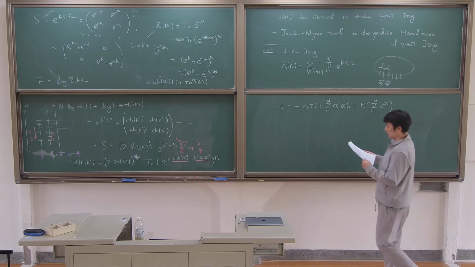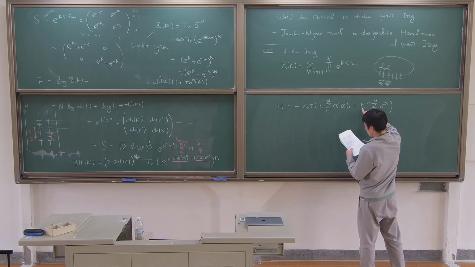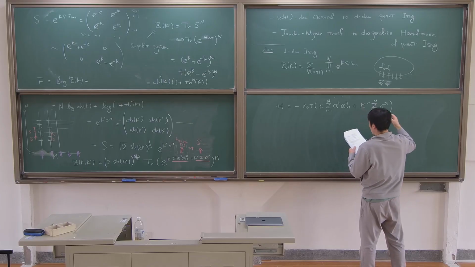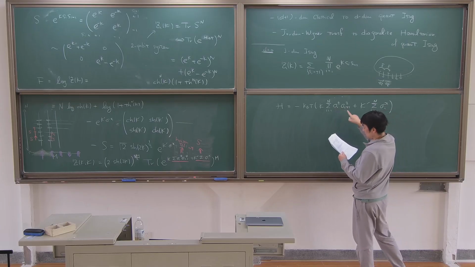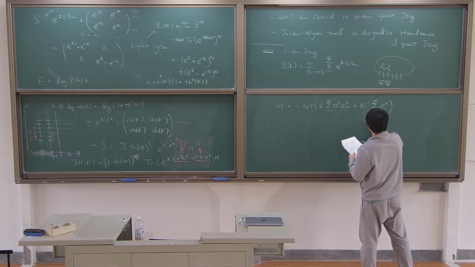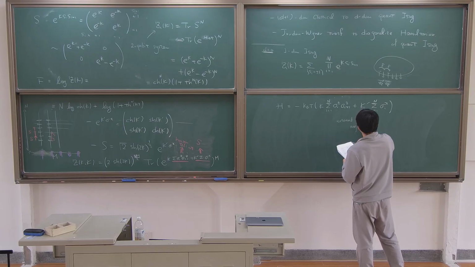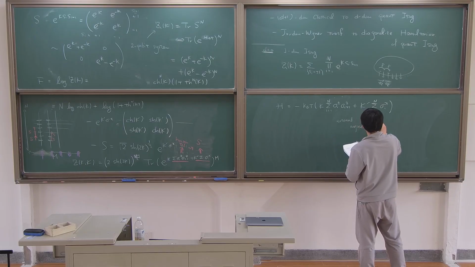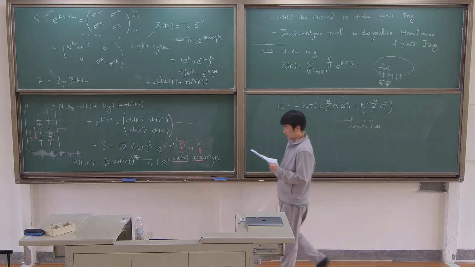This can be understood as a quantum spin chain, with this term being the external magnetic field in the x-axis. It is a quantum spin chain because it has Pauli matrices on adjacent sites, and this can be understood as the x direction external magnetic field.